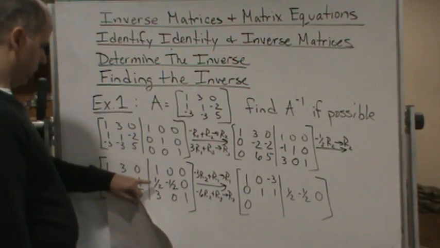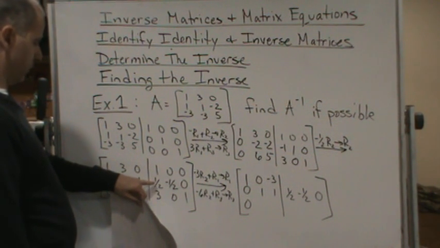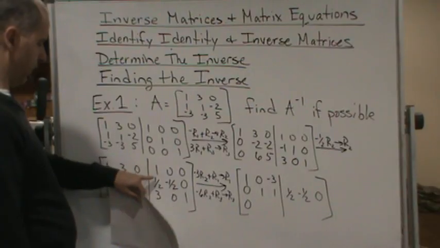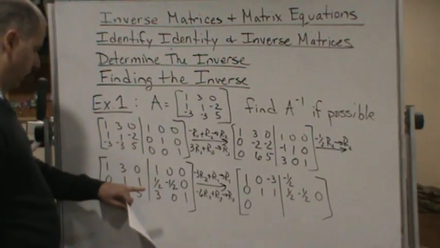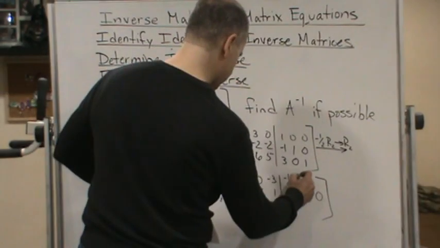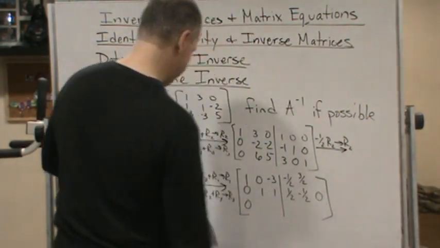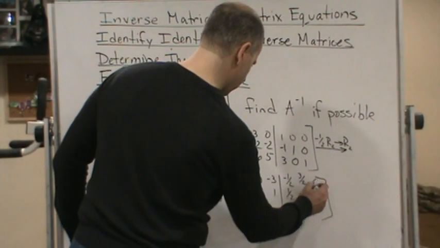And then we're going to go -3/2, which is -1/2 plus 1, is just going to give me negative 1/2. And then positive 3/2 plus 0 is just going to give me 3/2. And then, of course, 0 plus 0 is 0.